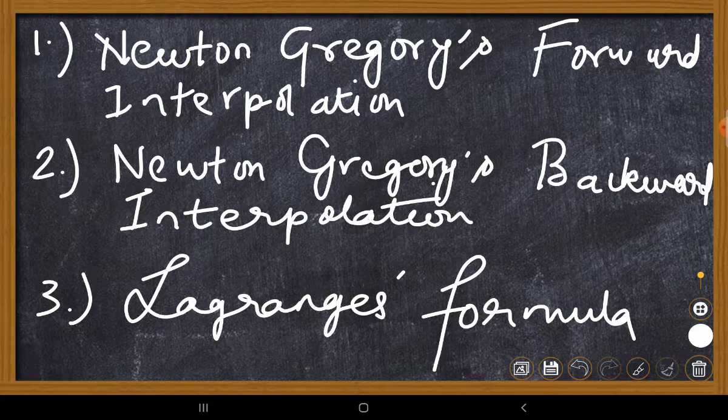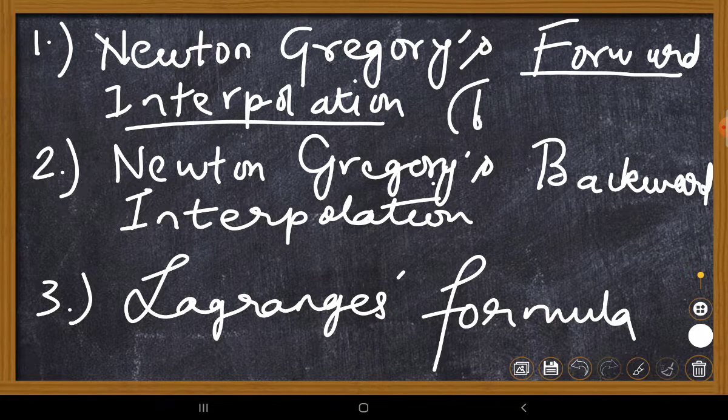The first one, Newton's forward interpolation formula, is used when the missing value lies towards the beginning of the series. Let me try to explain. Suppose you have your series x0, x1 and so on till xn.